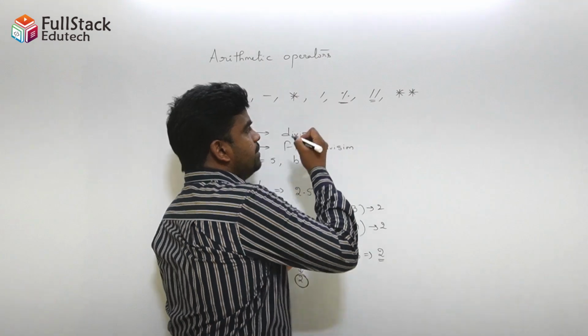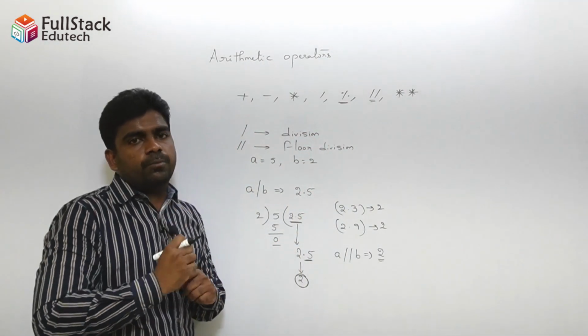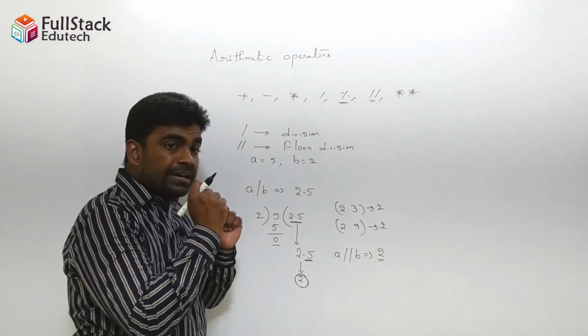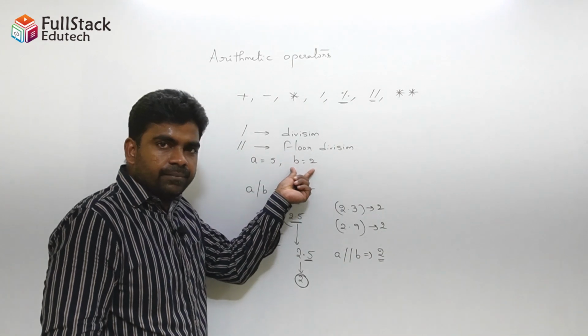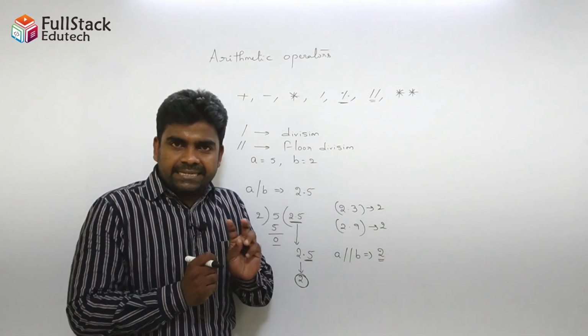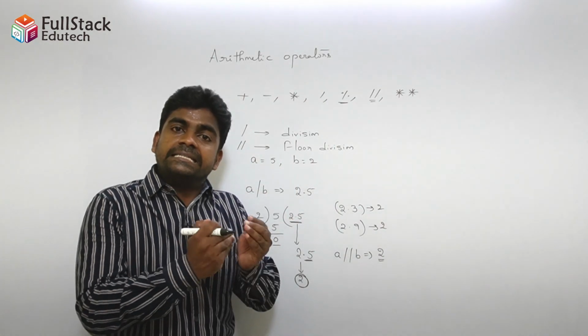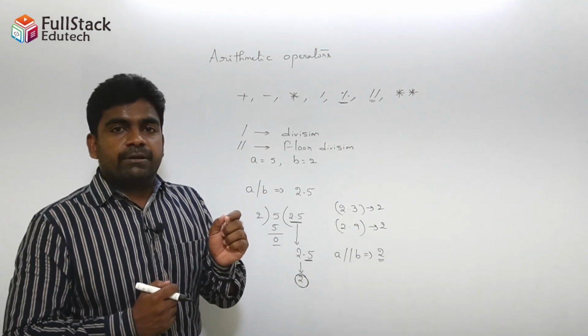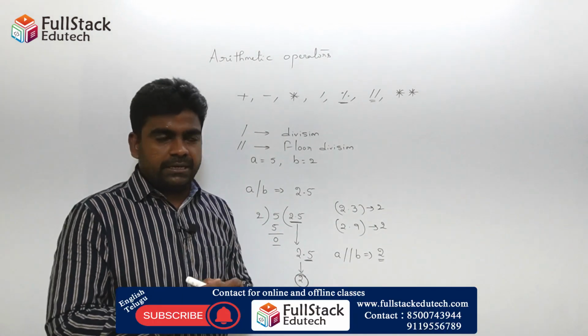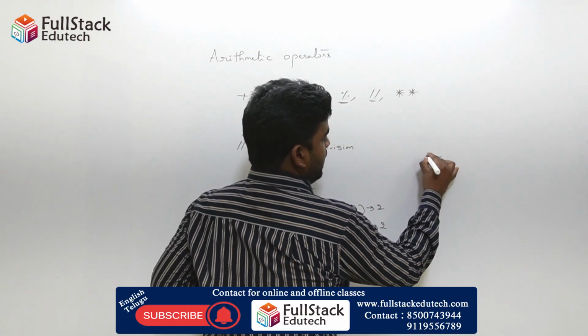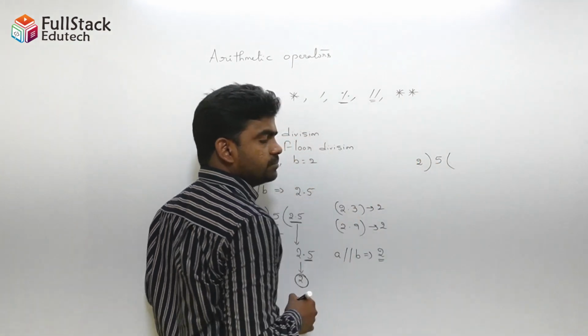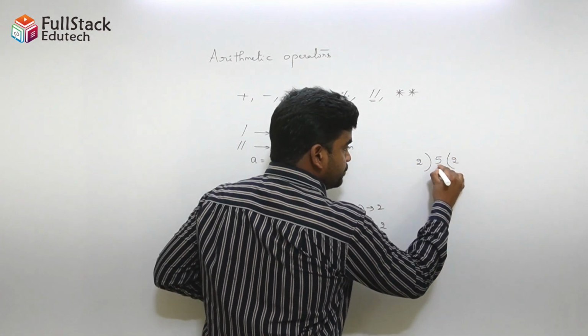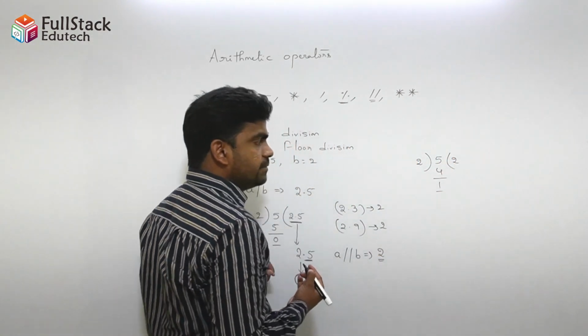Next one is mod. So what will the mod operation do? Whatever values you take, it will not consider them as decimal. It will consider them as integers. It will perform integer operations only. For example, 5 divided by 2, only 2 times 2 is 4, and the remainder it will give.